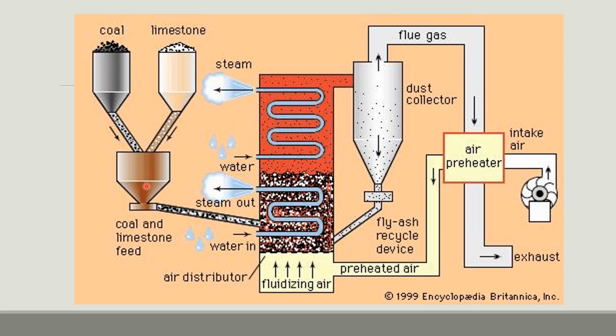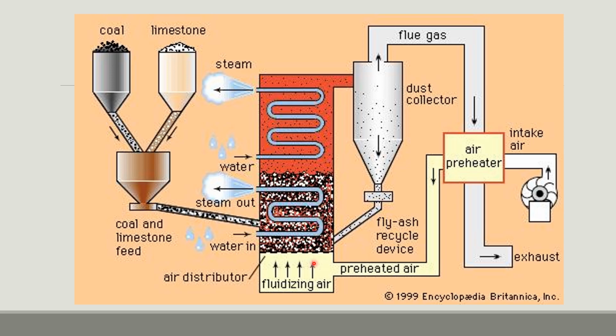So we provide this mixture into the boiler, and we provide air which is preheated, and it has a very high velocity. So these small pieces of coal and limestone can rise above in the boiler. With a very high velocity it rises and burns over here, and we provide water which converts into steam, and similarly over here.